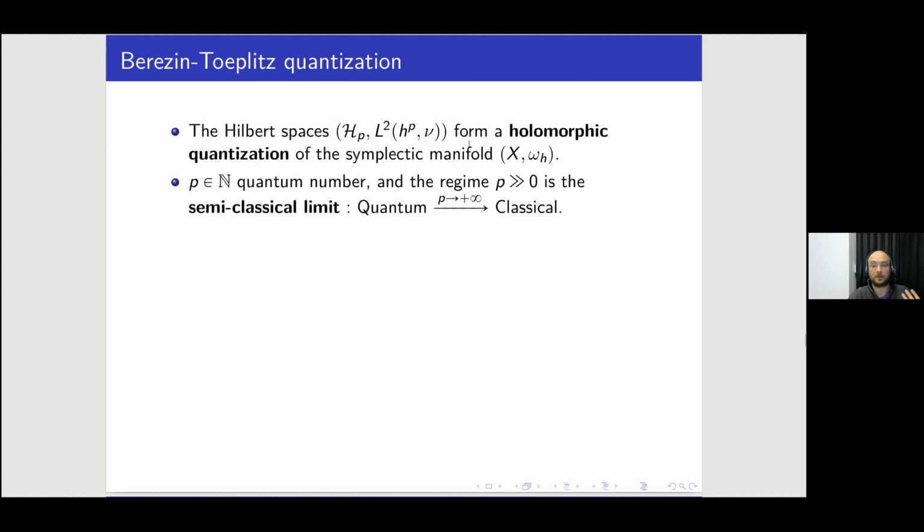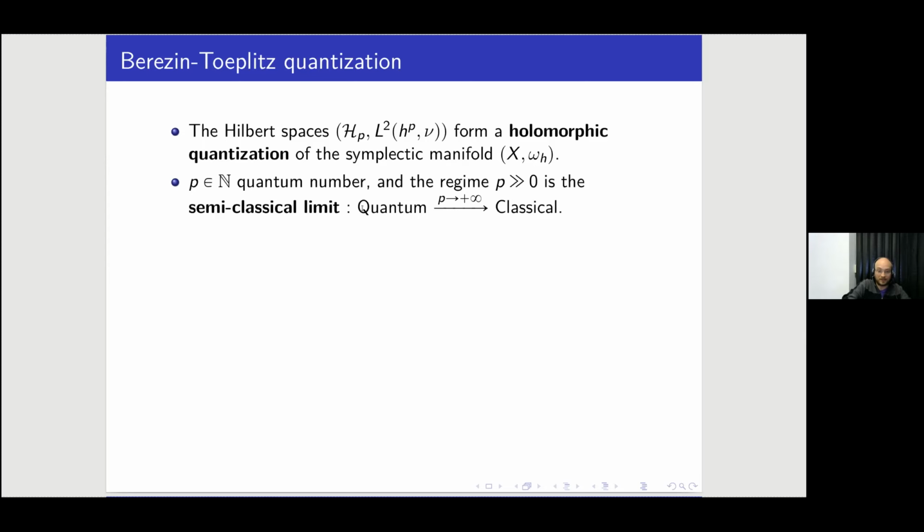So what does quantization mean? Basically, a symplectic manifold gives you a model for classical mechanics, and its quantization is a model of quantum mechanics associated to it, where quantum mechanics is at the level of the atom.